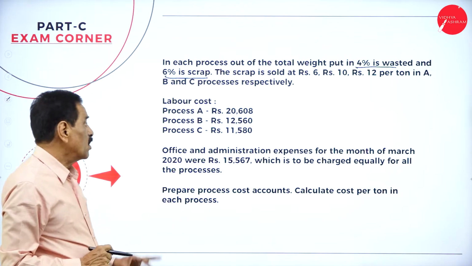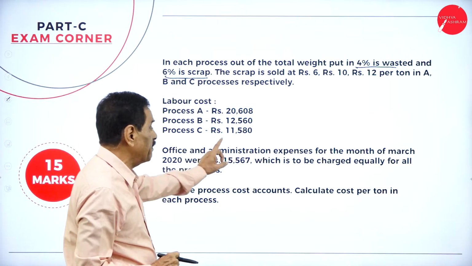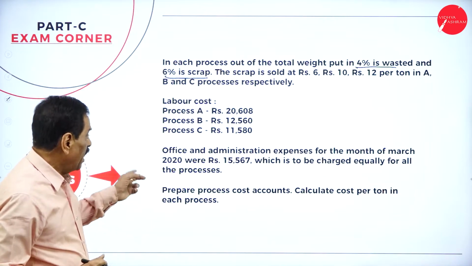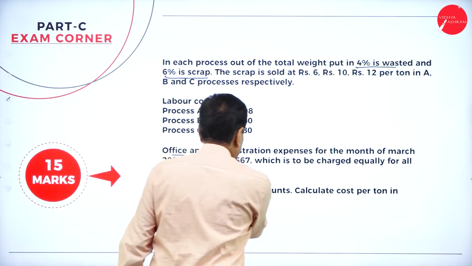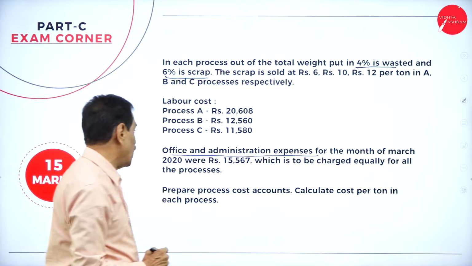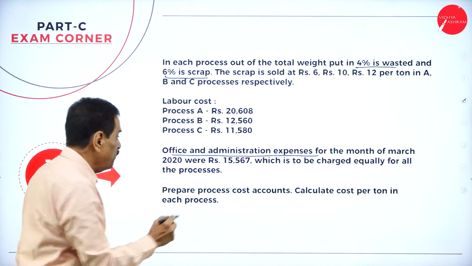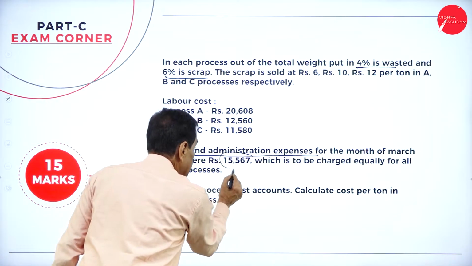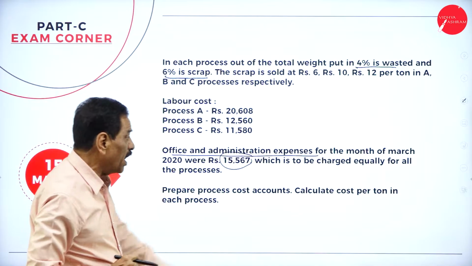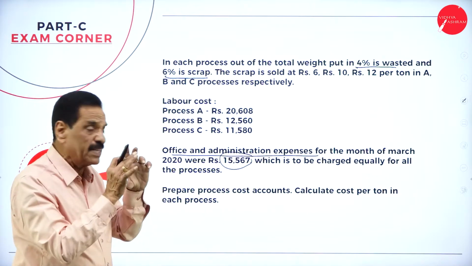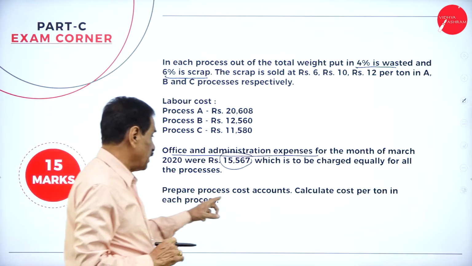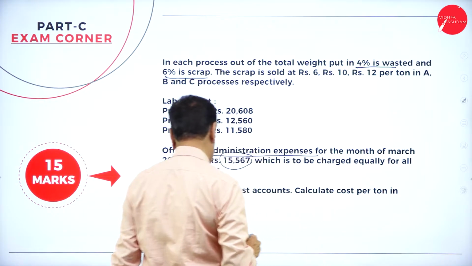20,608, B, 12,560, C, 11,580. Then office and administration expenses for the month of March 2020 were 15,567, which is to be charged equally to all the processes, that is, divided by 3. Prepare the process cost account and calculate the cost per ton of each.